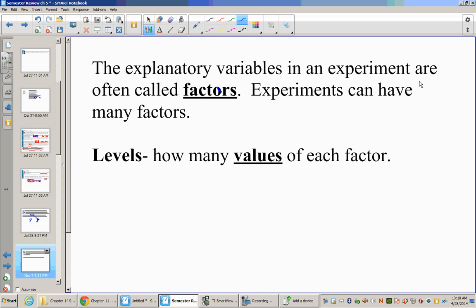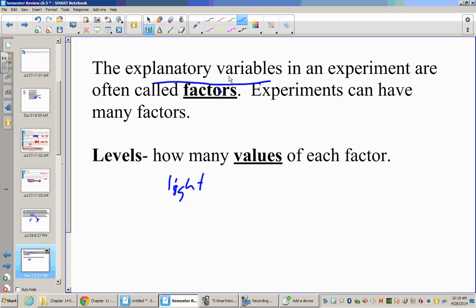The explanatory variables in experiments are called factors. Experiments can have many factors, and levels are how many values there are for each factor. So you could have, say, light as your experimental variable in growing plants.